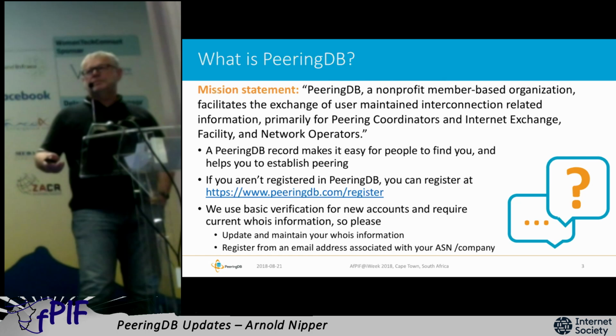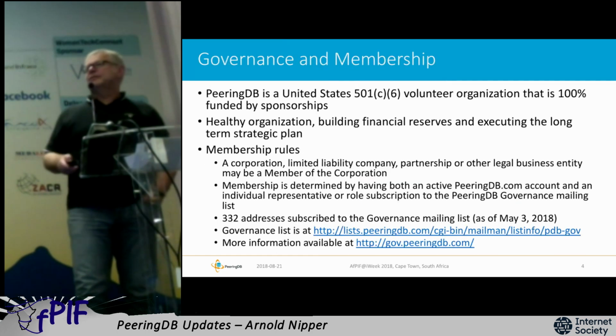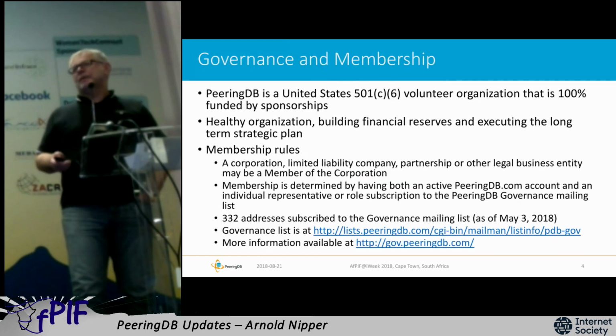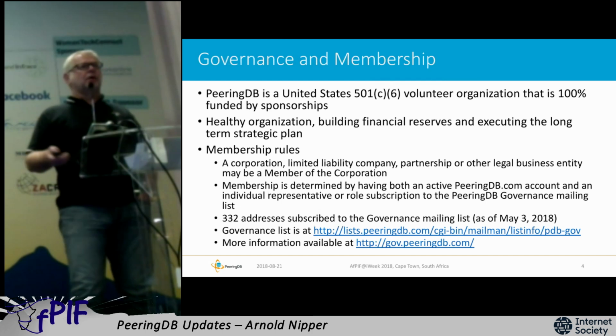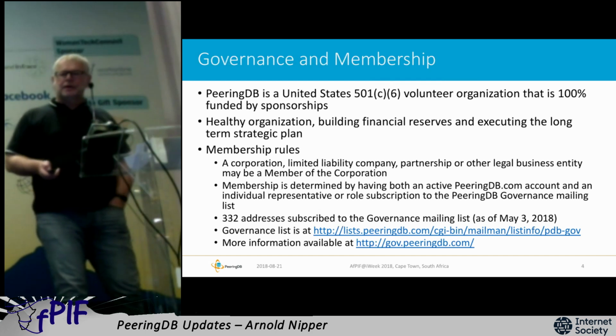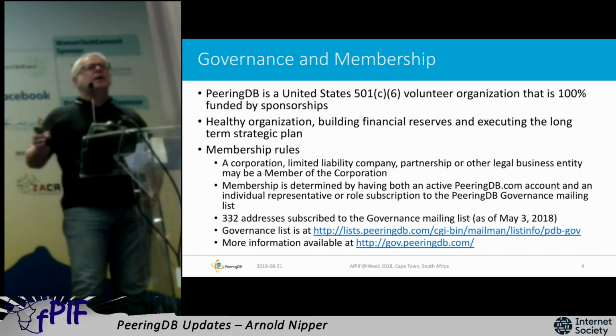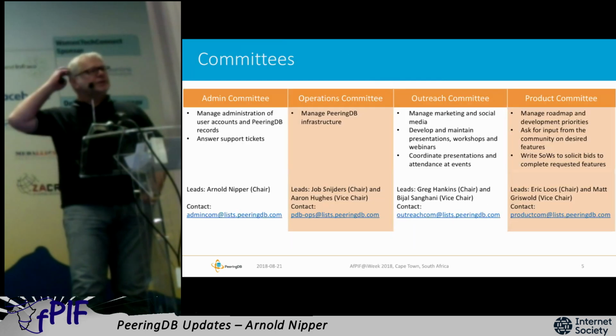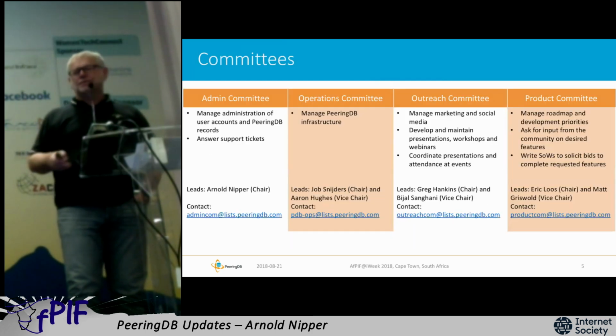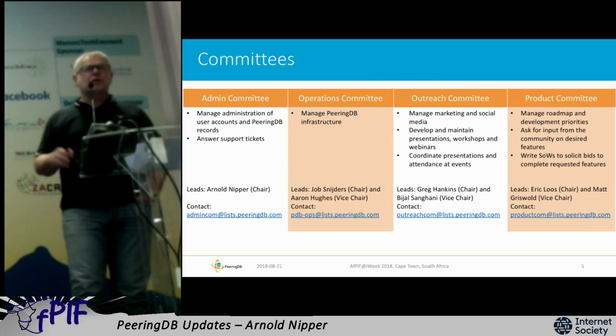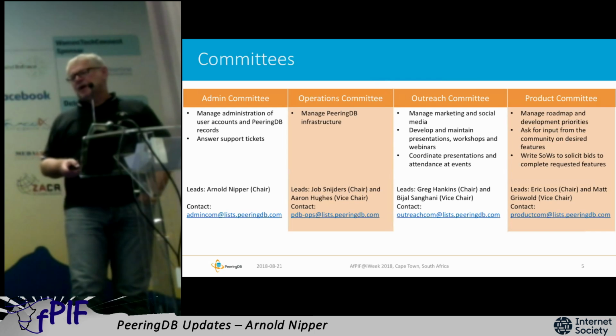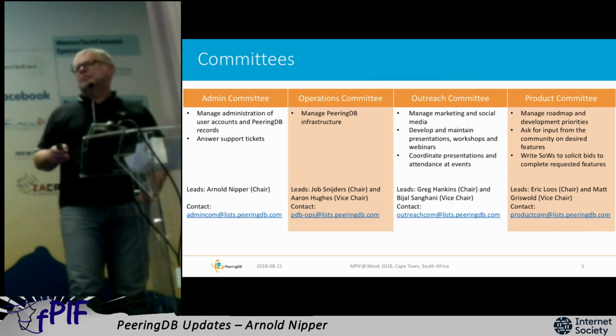Meanwhile, PeeringDB is also an association, and you find the information here on how to become a member and also to be part of the governance of PeeringDB. We have a board which comes together once a month, but the day-to-day work is done by the 4 committees. These are the admin committee, the operations committee, the outreach committee and the product committee. The admin committee, more or less, is our support department.